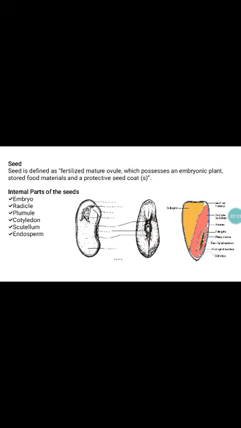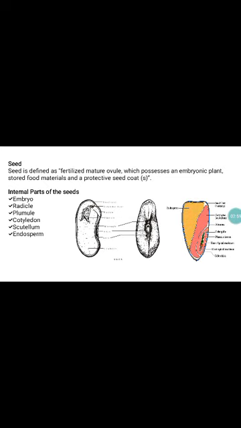Now I want to give you some information about the internal as well as external structure. First, the internal parts of the seed. The major internal parts of the seed are the embryo, radicle, plumule, cotyledon, scutellum and endosperm. The embryo is the living part of the seed, particularly in the case of monocots. Within the embryo are the radicle and plumule.